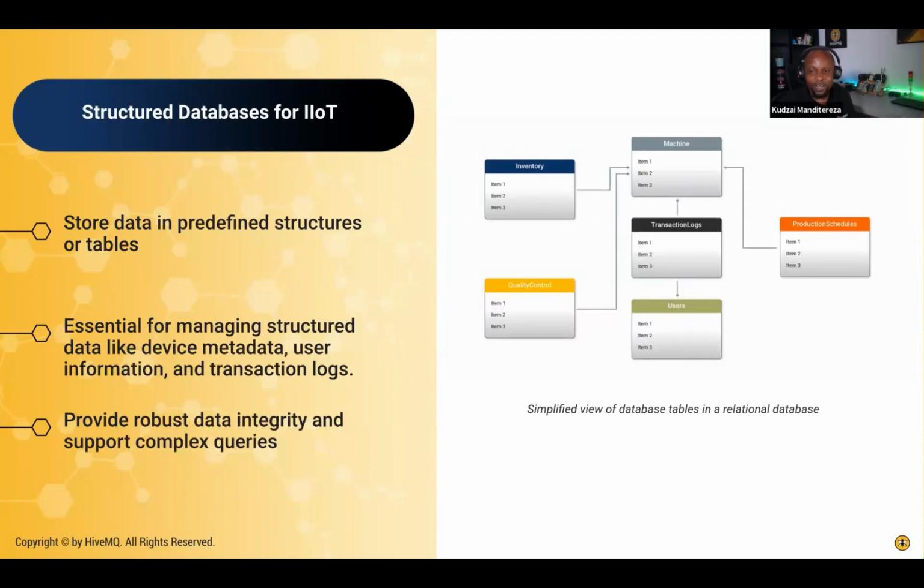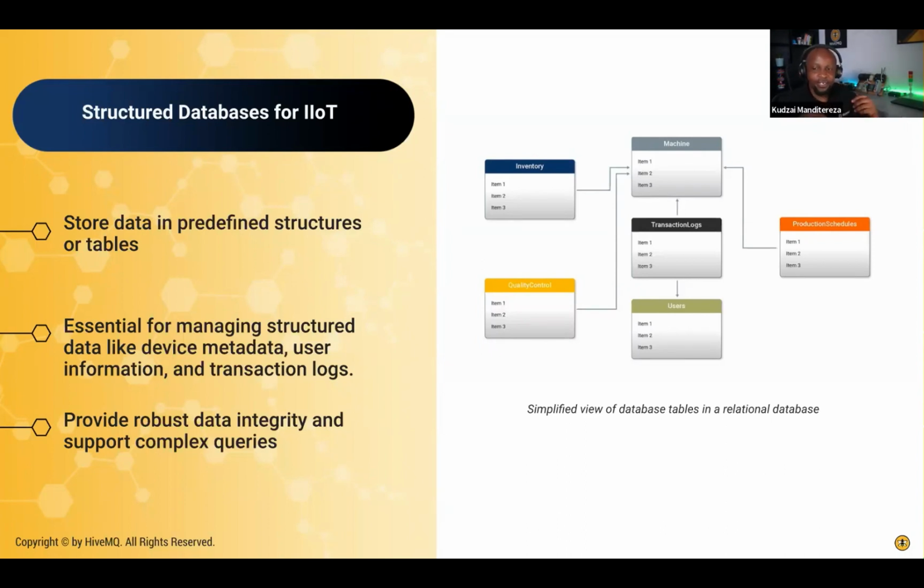It's data that doesn't change much, so it gets stored in a structured database, including things like transaction logs.